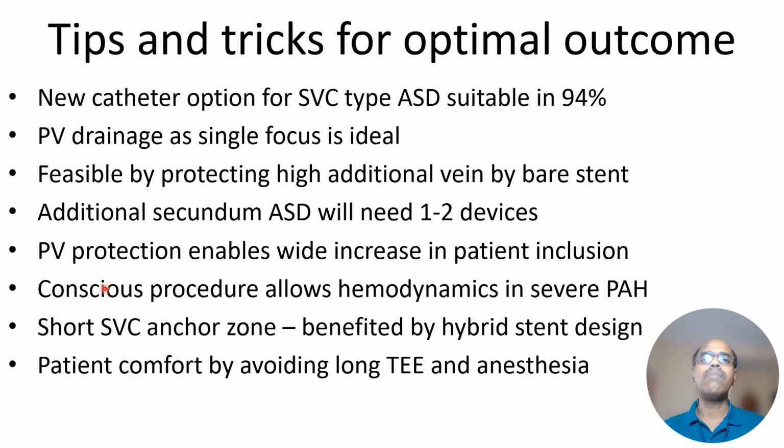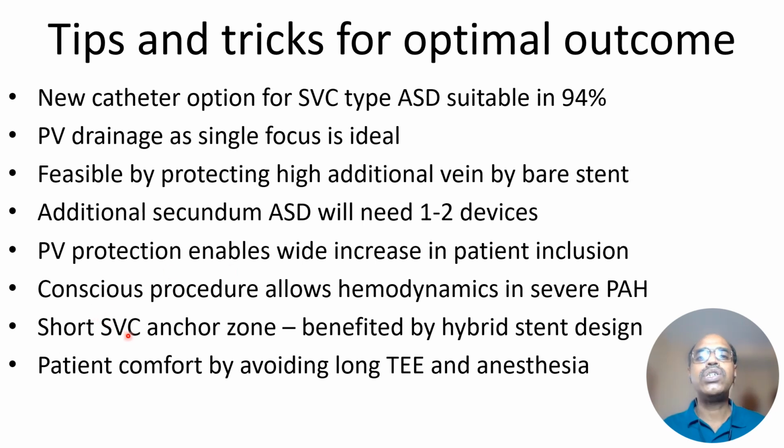We do this procedure completely as a fluoro-guided procedure, so the patient is conscious and we can assess the hemodynamics very accurately. We can check the pulmonary artery pressures if we have any doubts. But if the patient has renal failure or some contraindication for contrast injection, we can do it intubated, totally transesophageal echo guided. There is no need for doing contrast at all.